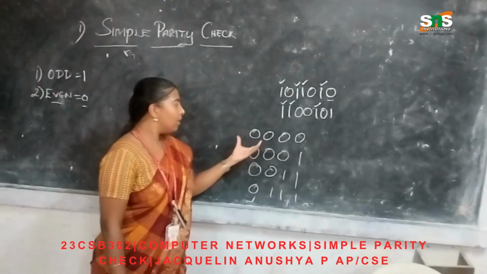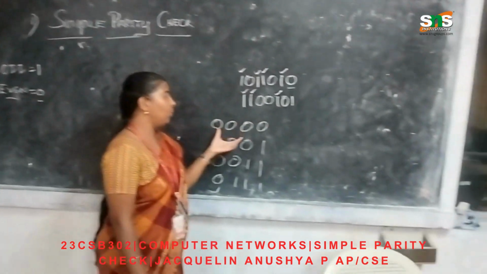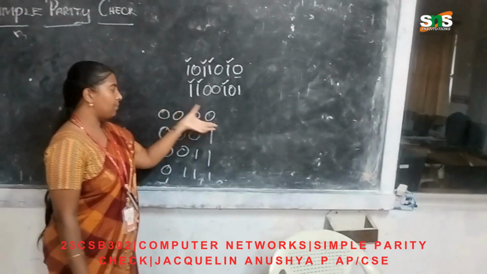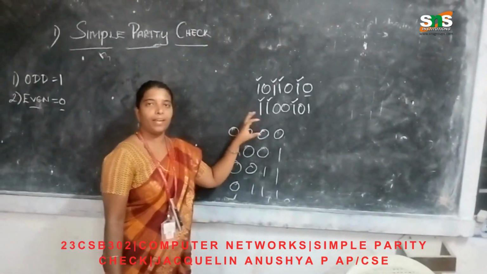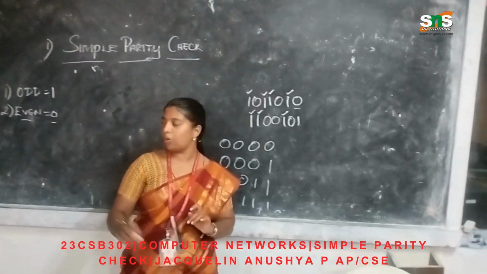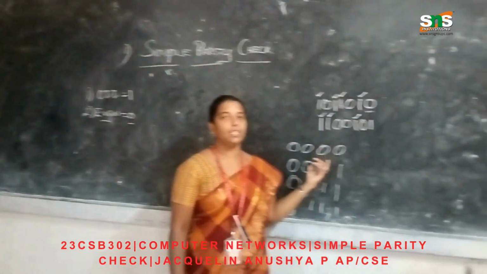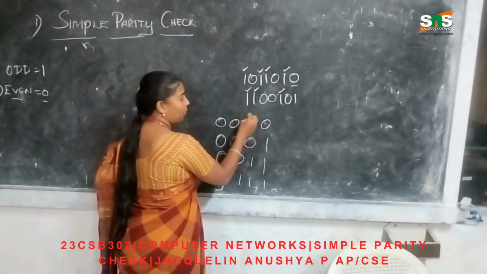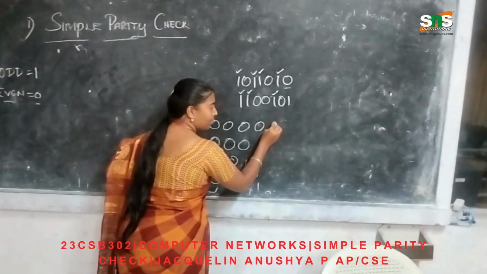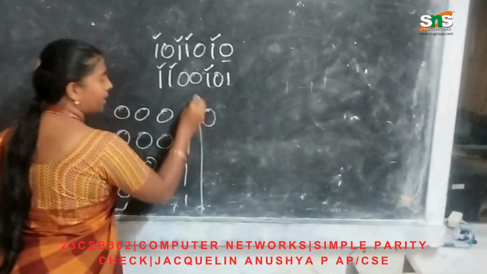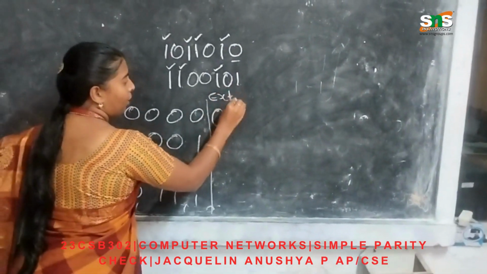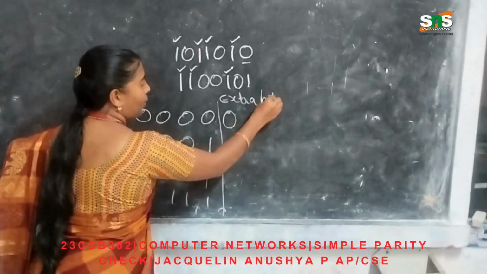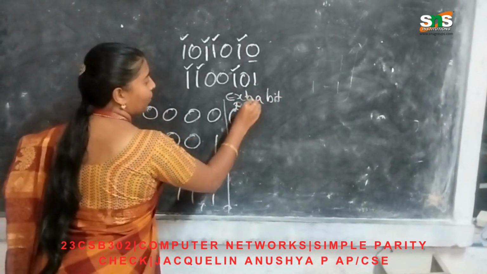If you now see 4 zeros, you will ask, ma'am, how can we write the condition for these zeros? It is not possible. We don't have any ones over here, so automatically the redundancy data bit, the extra data bit, will be 0. Or you can say it as a redundancy bit.